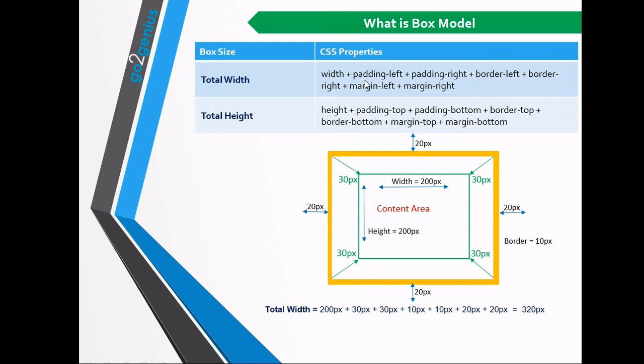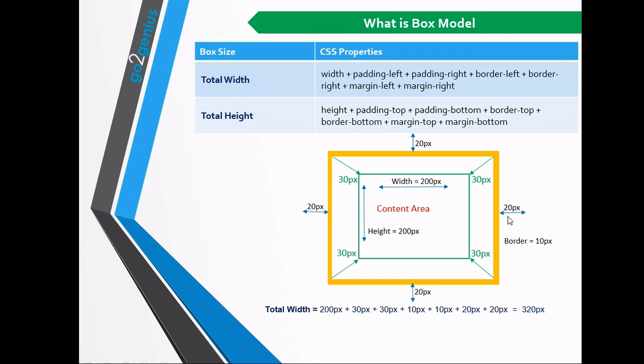Here we have a formula to calculate the width: 200 pixel, which we have given here, plus padding left and padding right. Padding left we have 30 pixel and the same 30 pixel on the right side. So we add 30 pixel from left, 30 pixel from right, and then border left plus border right. We have a border of 10 pixel on each side, so border left 10 pixel, border right 10 pixel, and then margin left plus margin right.